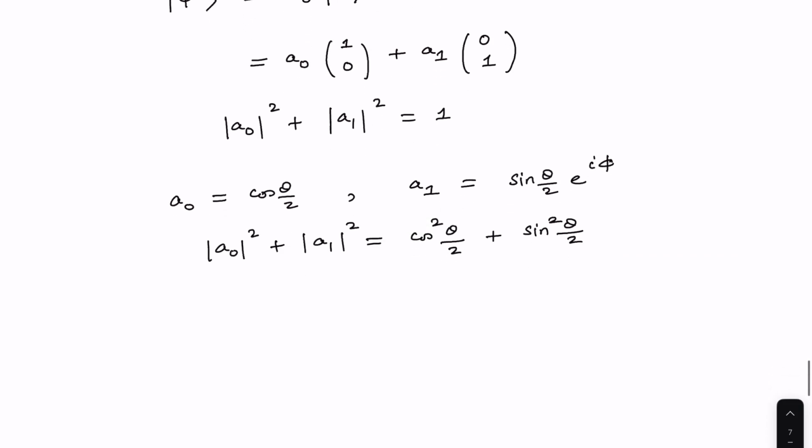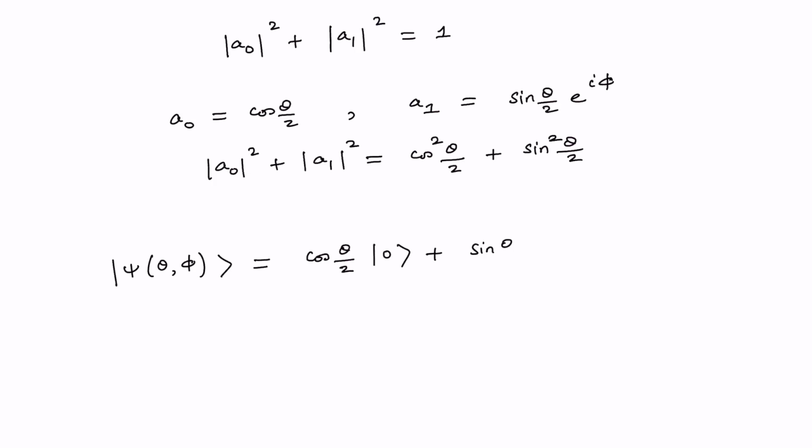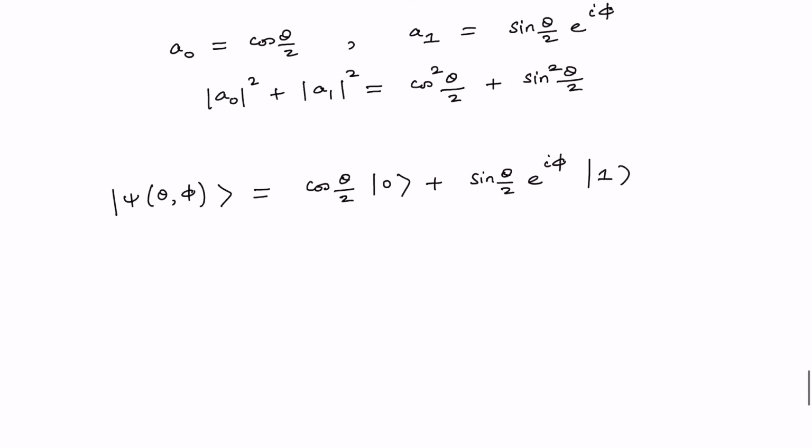So then what you see, effectively we can write any quantum state, this two-state quantum state, which is also known as qubit state. This state can be represented by the coordinates theta phi, and then I have cos theta by 2 ket 0 plus sin theta by 2 e to the power i phi ket 1, and in the form of a matrix I can write it as cos theta by 2, sin theta by 2 e to the power i phi.